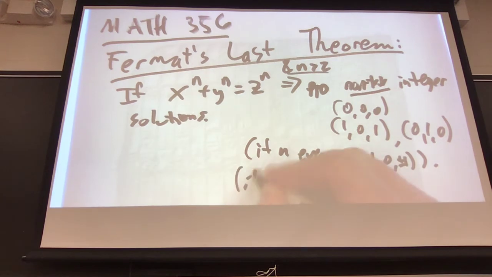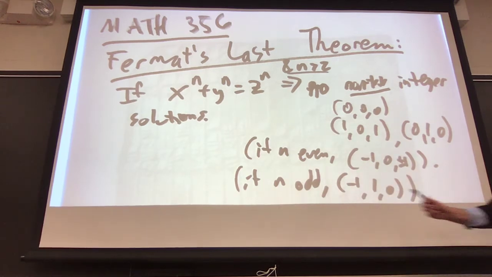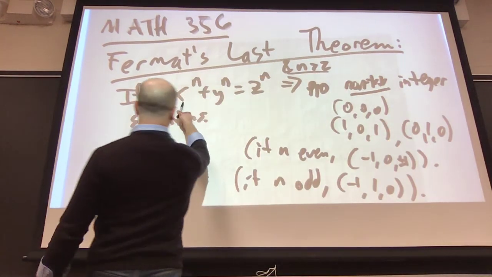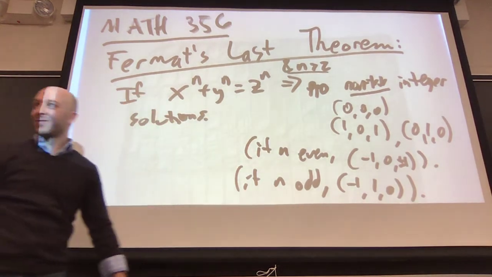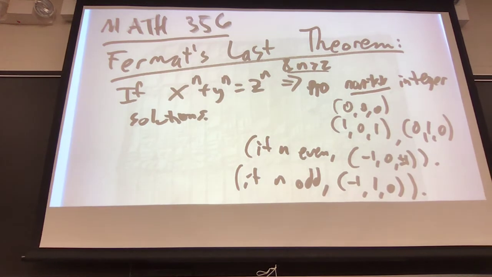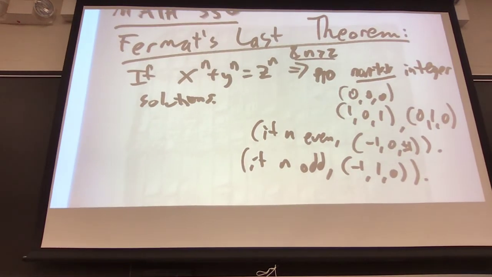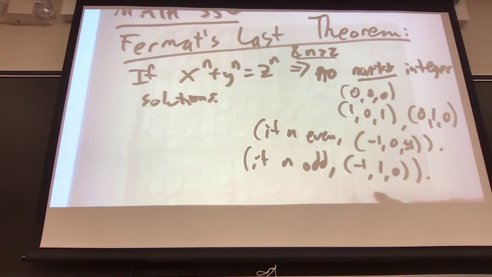So if n is odd, then negative 1, 1, 0, because negative 1 plus 1 equals 0. What else? John. Yeah. M, 0, M. Yes, very good.